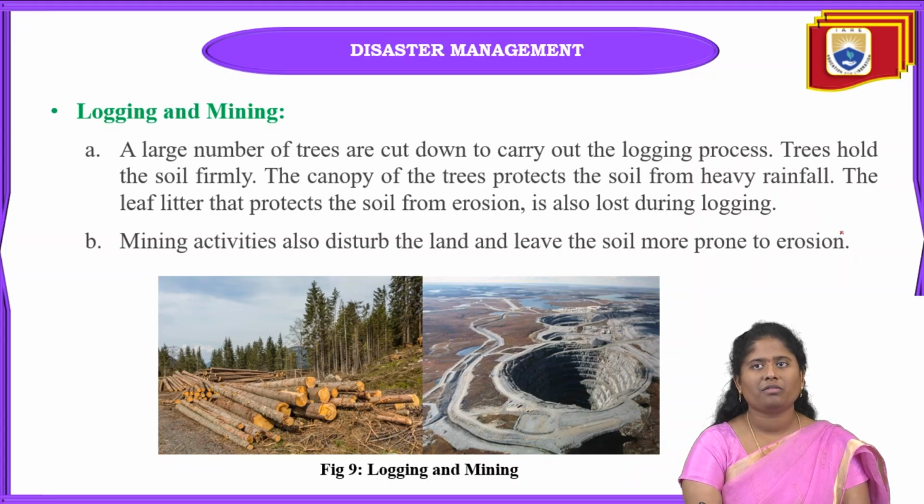Trees hold the soil very firmly, attached to the soil. When the trees are cut and plucked from the roots, the canopy of the trees that protected the soil from heavy rainfall is gone. So if these trees are plucked, soil erosion can happen automatically.